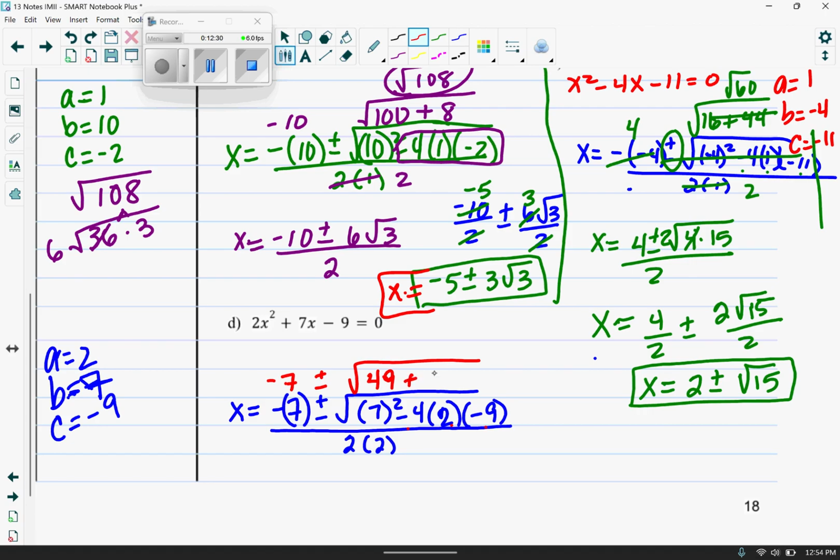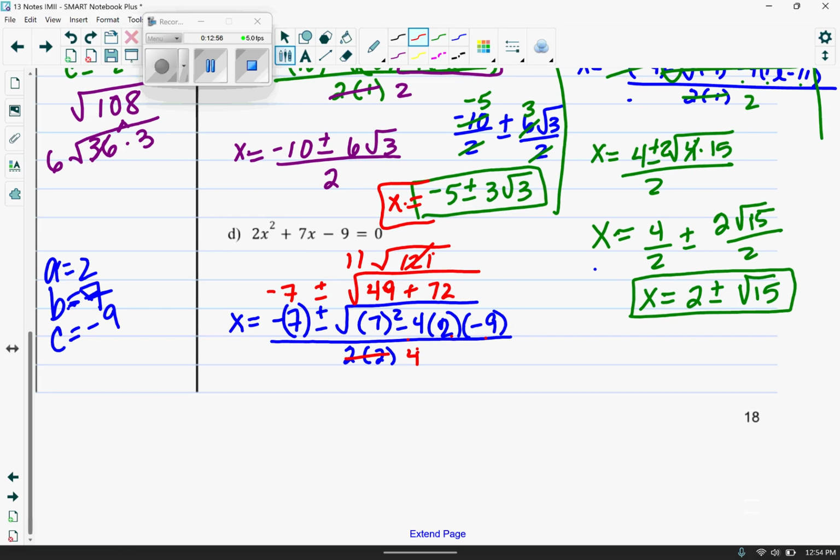Negative negative makes a positive. 8 times 9 is 72. When I add those together, I get 121. And the square root of 121 is 11. On the bottom, 2 times 2 is 4.